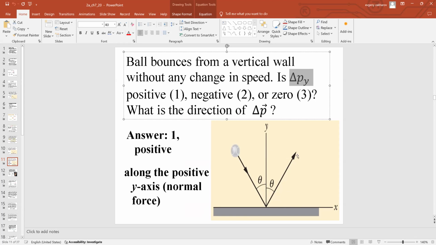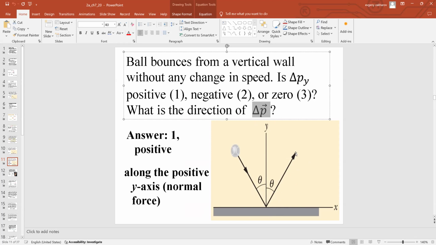You have positive momentum onto y-axis after the collision and negative before the collision. So change is final takeaway initial. Final is a positive value. Take away a negative value. If you're taking away a negative value, minus and a minus makes it a plus.